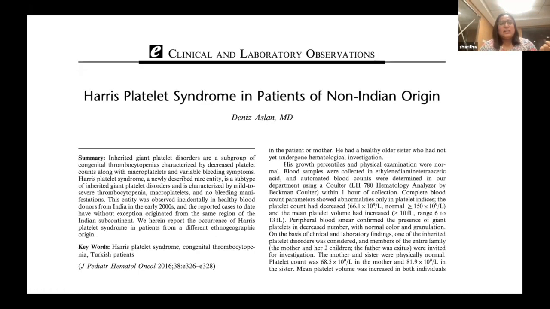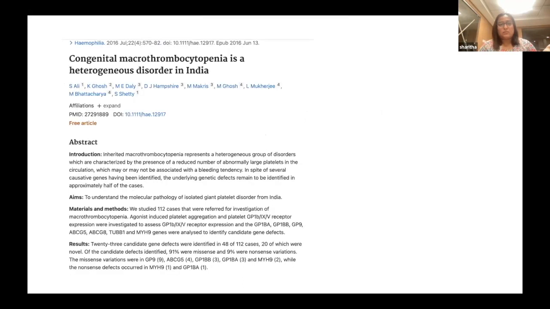But Harris platelet syndrome was also discovered in one of the Turkish families, and it was reported recently. So Harris platelet syndrome is not only seen in people of Indian descent; it can be seen in other races as well.